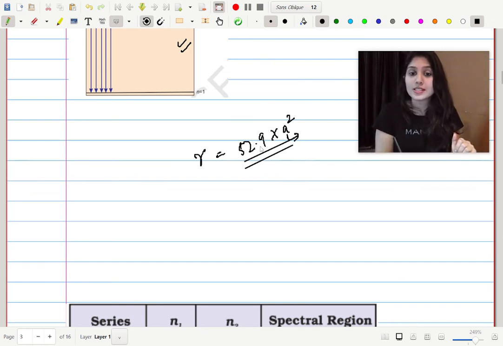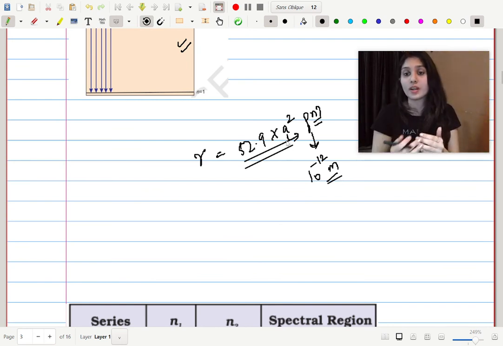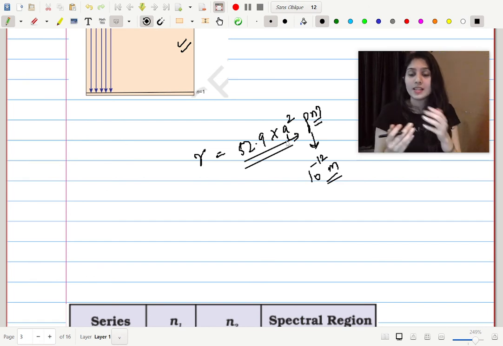Clear? So this is 52.9 and this is in picometer, and I hope you know how small a picometer is. It is 10 to the power minus 12 meter, so you can imagine how small that is. Depending upon the n level we're talking about, this a value will change. With n is equal to 1, it is going to be 1 square. If it is 2, it is going to be 2 square, and so on and so forth.